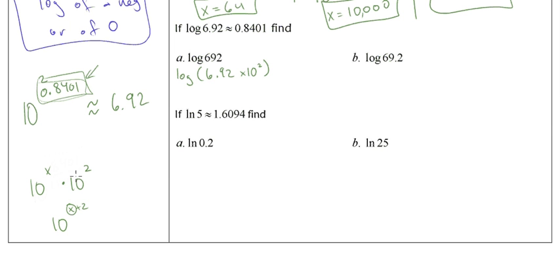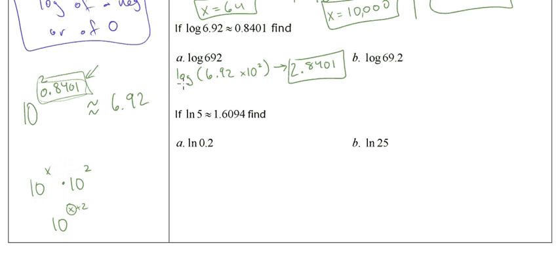Now we know what our x is, though. It's 0.8401. So this is roughly equal to 2.8401, because there's two more tens being multiplied in.